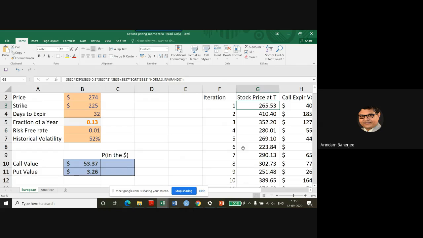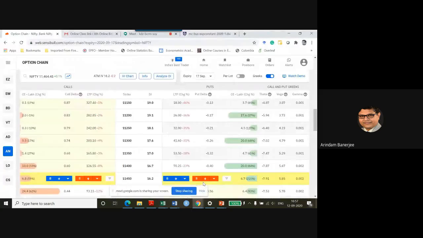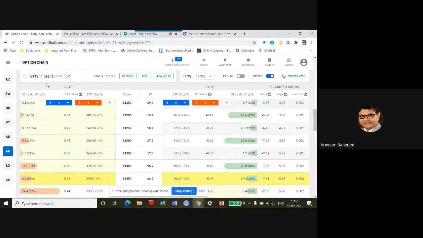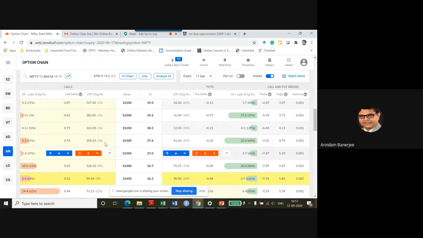Now, the strike is 225. In case of a call, if the stock price is 265 and the strike is 225, then the call is in the money. We can see from this option chain that if the strike is lower than the spot, these are all in the money.